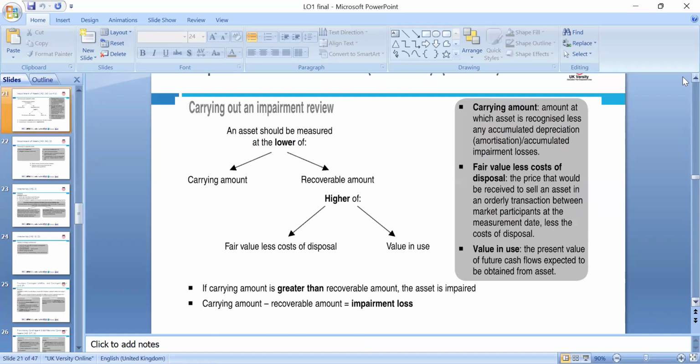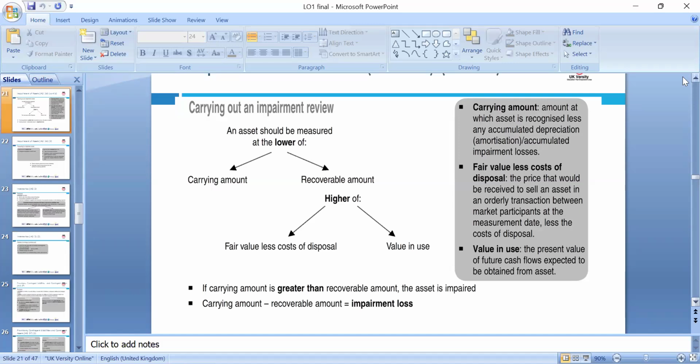So when you do impairment, the asset should be stated at the lower of carrying value or recoverable amount, the economic value: the value when we sell it, or how much benefit we can produce if we keep it. The recoverable amount is the higher of fair value less cost of disposal or value in use.